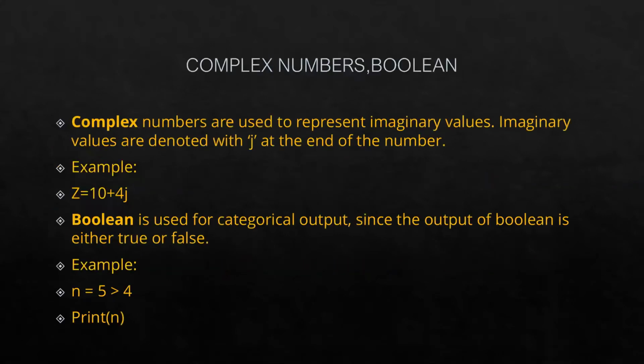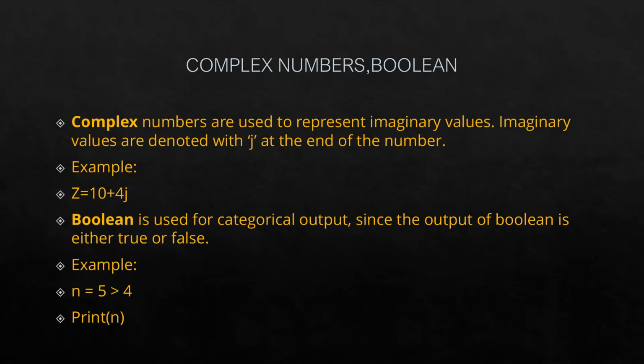And this is the slide consisting of complex numbers and Boolean values. Here complex numbers are used to represent imaginary values, and they end with the character j at the end of a number. We can declare complex numbers in Python as in this example, z equals 10 plus 4j.